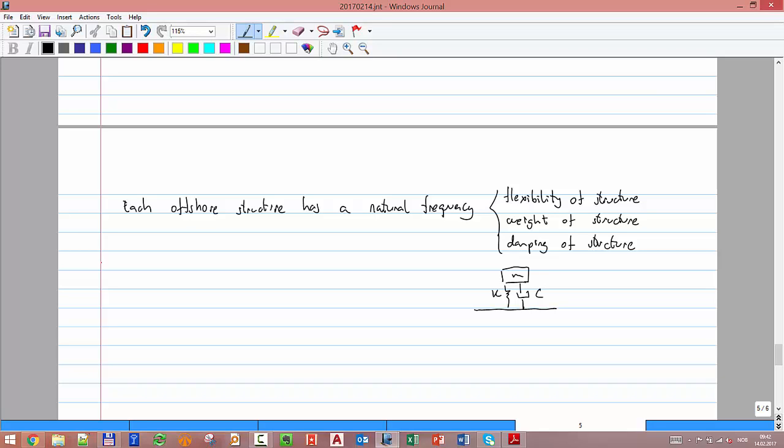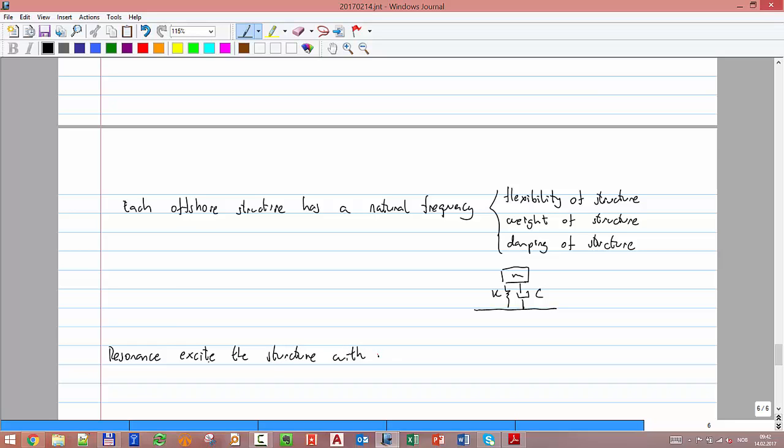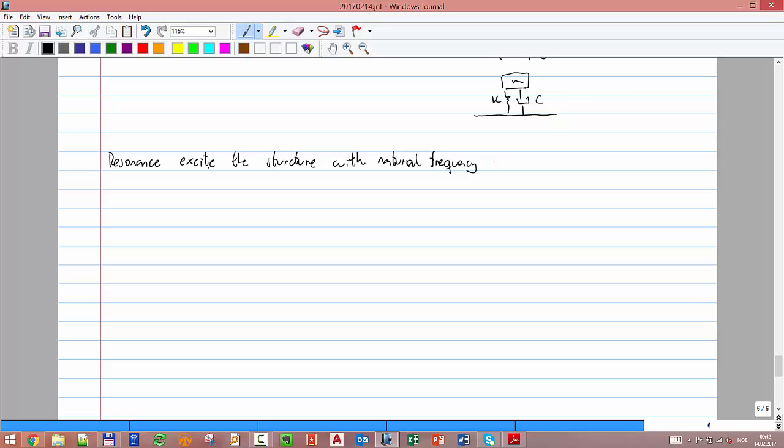We excite this structure with its natural frequency, with a load that has exactly the same frequency.